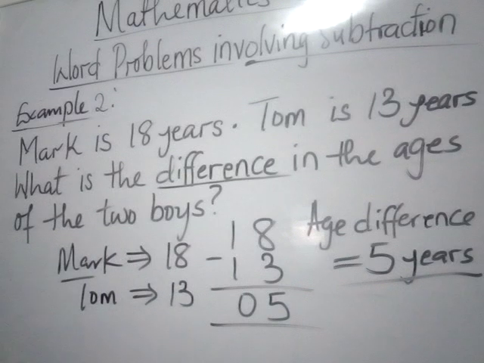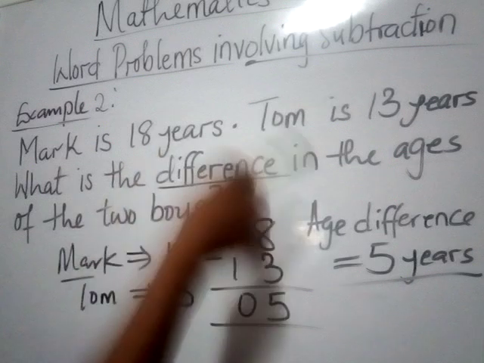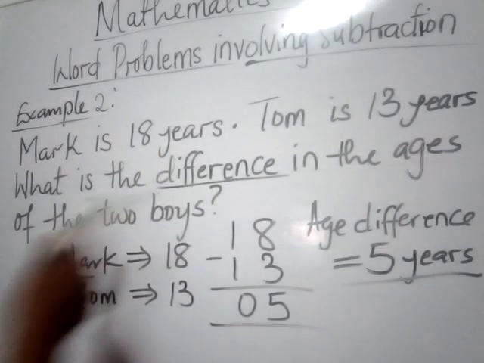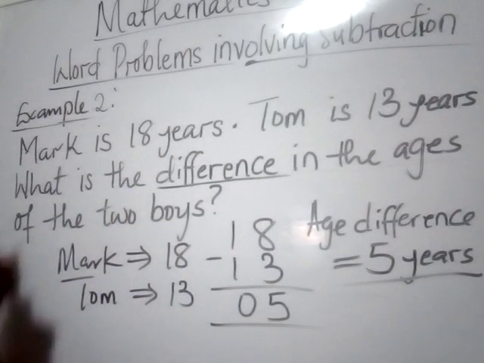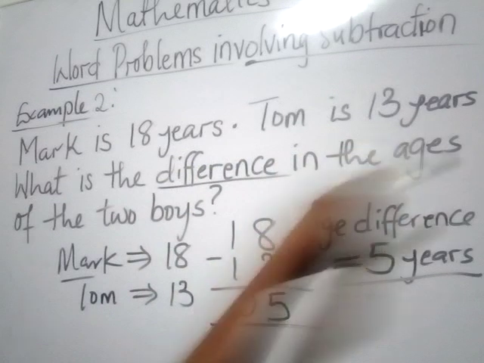So just using a few of the words, maybe we can use one more, like take away, or is less, or how many years older is Mark. It's another way this word problem can be read. Mark is 18 years, Tom is 13 years.